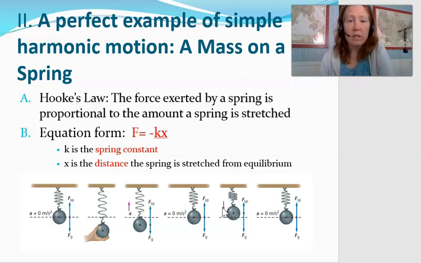And the reason this works is that the math equation for the force of a spring on an object is this equation right here, where k is a certain number that stands for basically how stretchy or how difficult it is to stretch the spring. And then x stands for how far you've pulled the mass away from equilibrium, from this dashed line here. Okay.